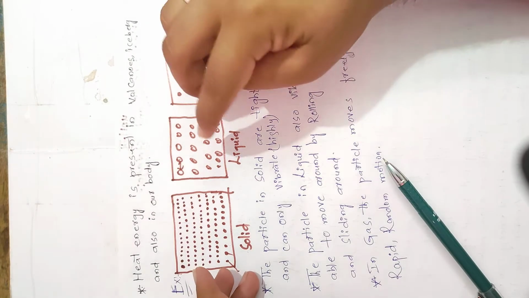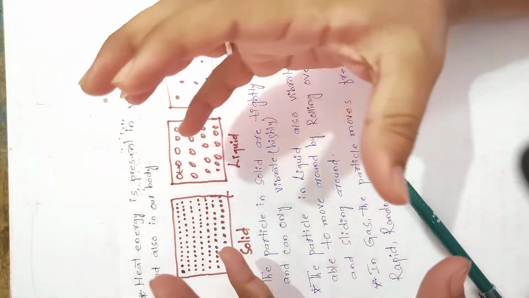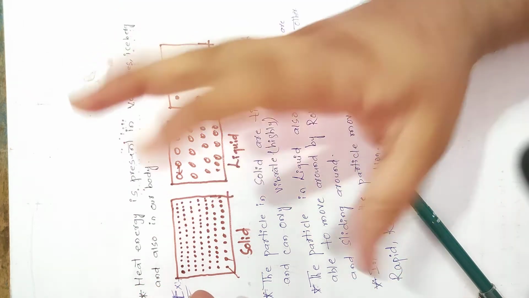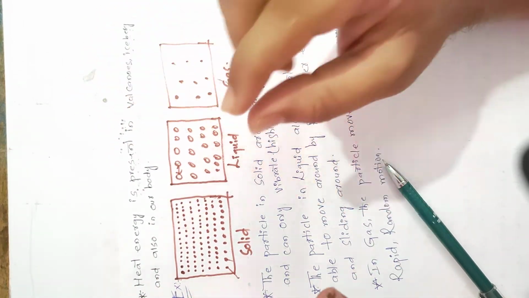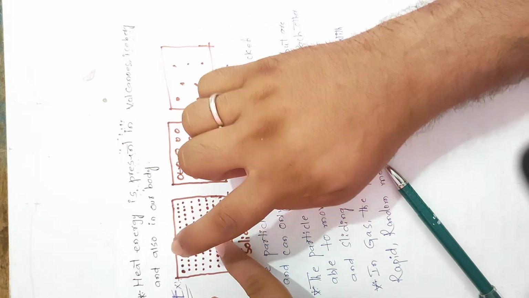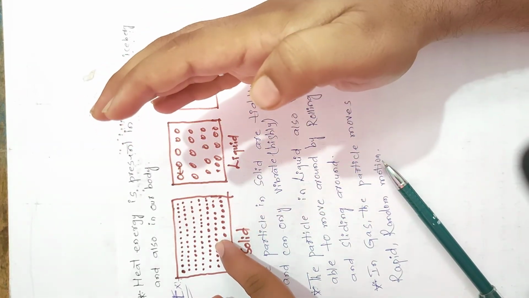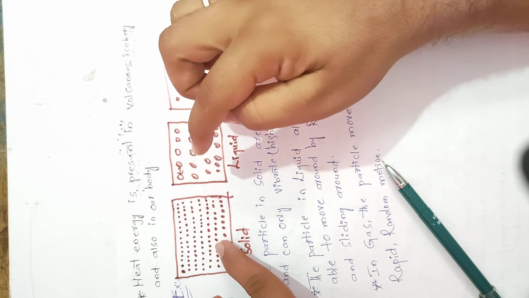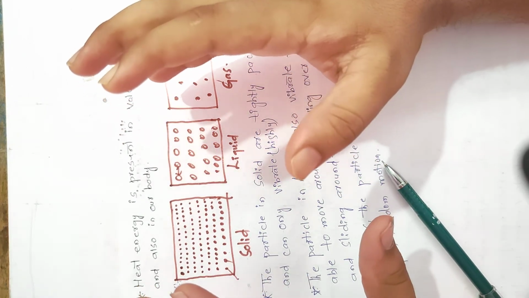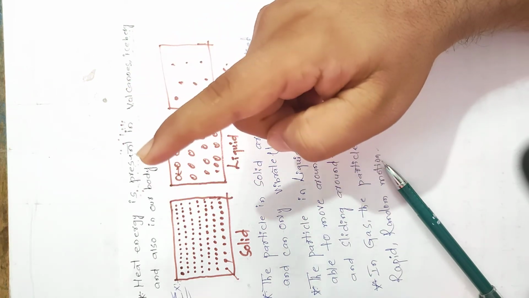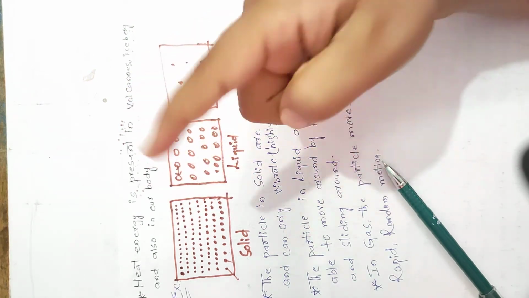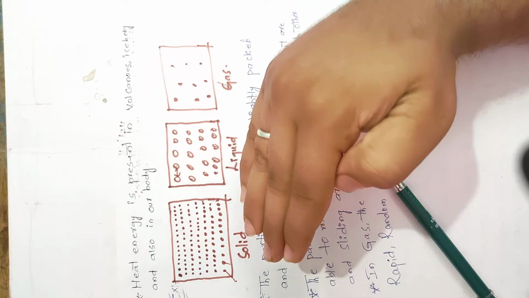Okay dear. The liquid is one which has a definite volume but not shape, and the force of attraction between the molecules is very less compared to the solid. The particles in the liquid also vibrate but less, and are able to move around by rolling over each other and sliding around each other.